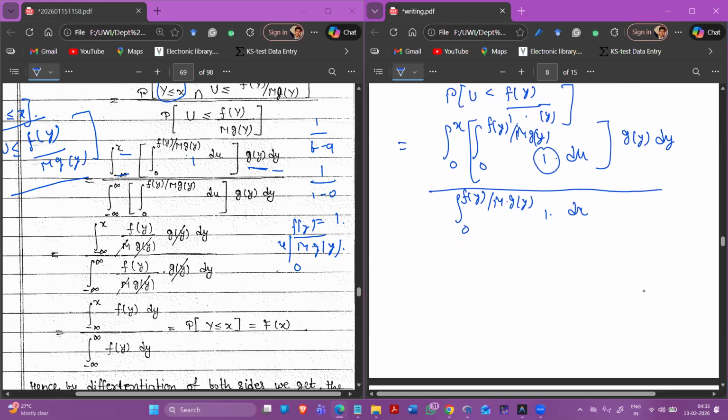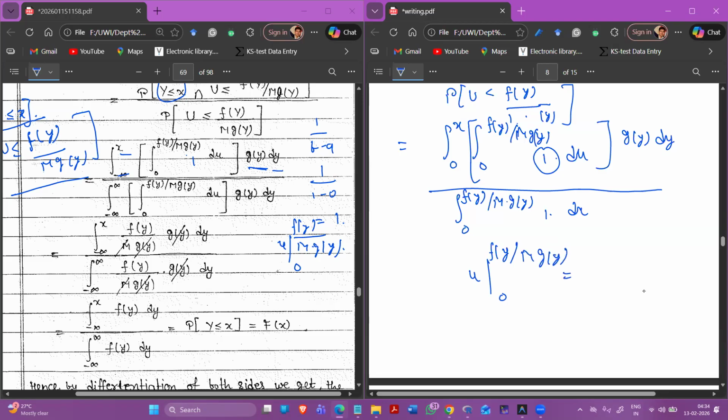It will remain u, right? So you have u, and what is the range? 0 to fY divided by M into gY.